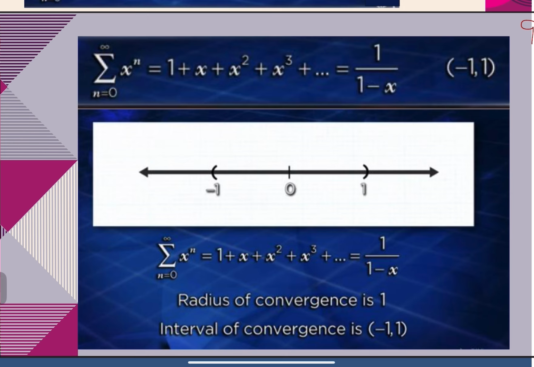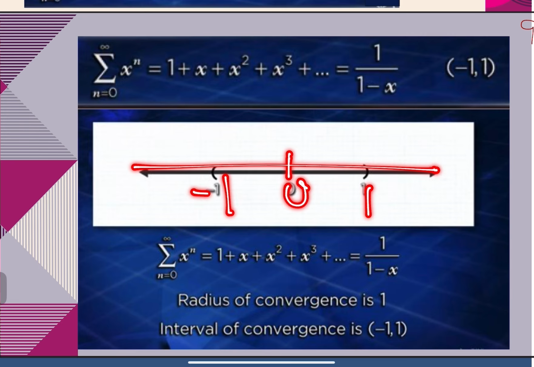But there's a nice way of summarizing our results with a picture. So this series was expanded about 0. We draw the number line, and we indicate 0. And then the interval of convergence was from -1 to +1. So it was an open interval, because it wasn't converging at the endpoints.